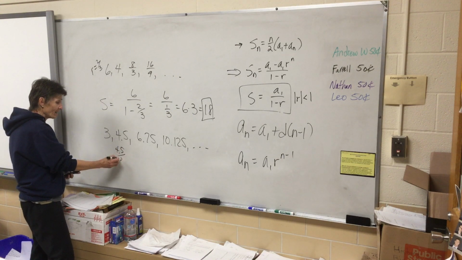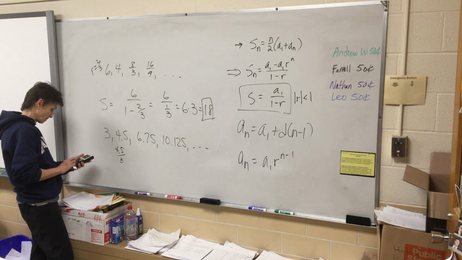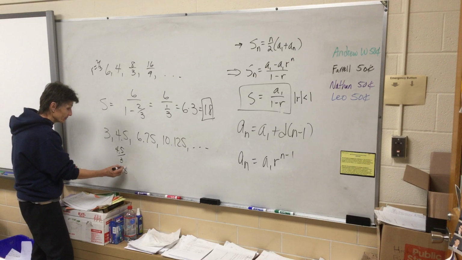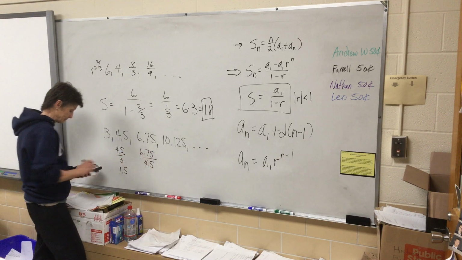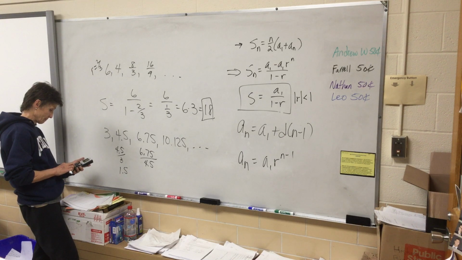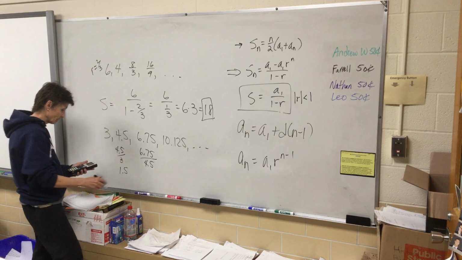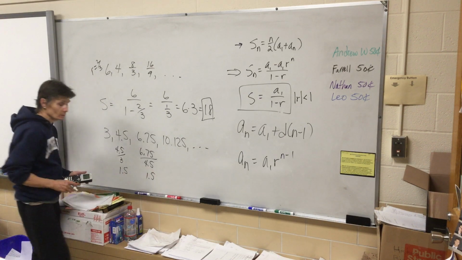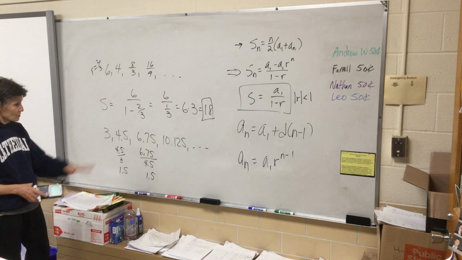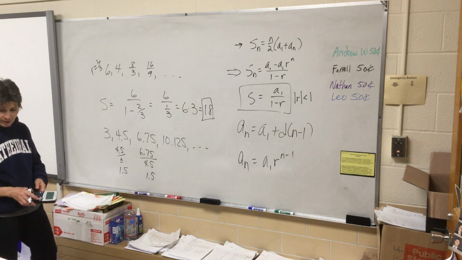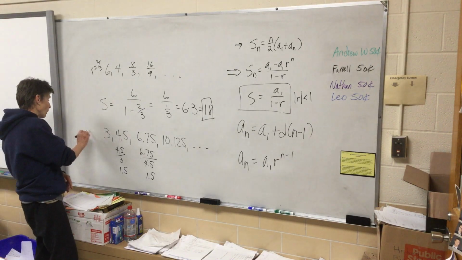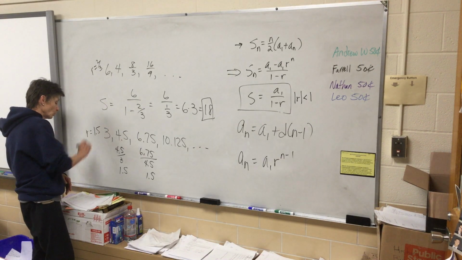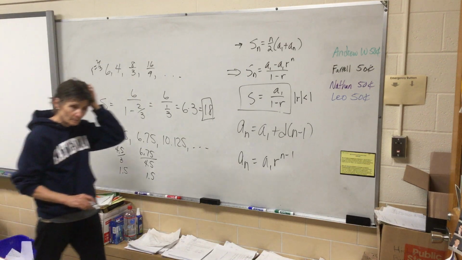What's 4.5 over 3? It's 1.5. What's 6.75 over 4.5? Oh, it's 1.5 also. So I think this is geometric. And the ratio is 1.5, or 3/2.